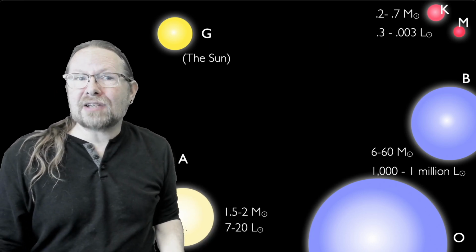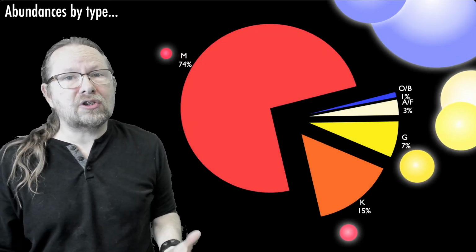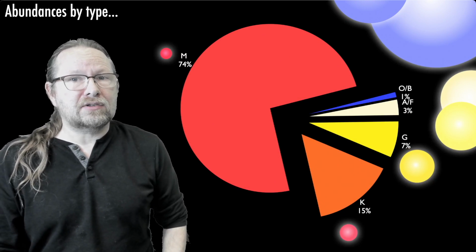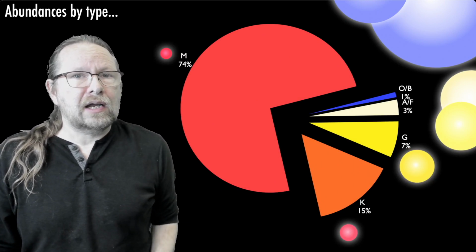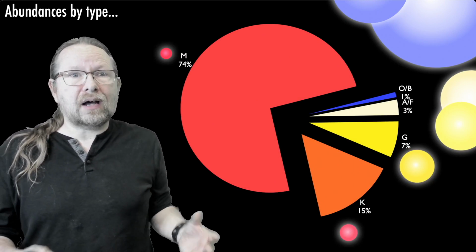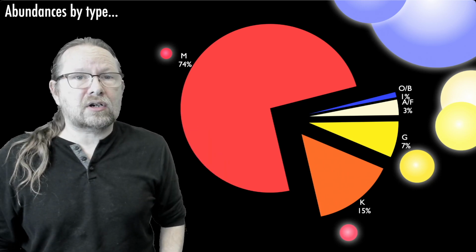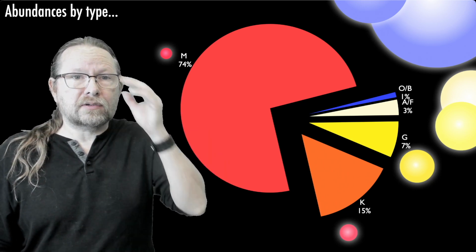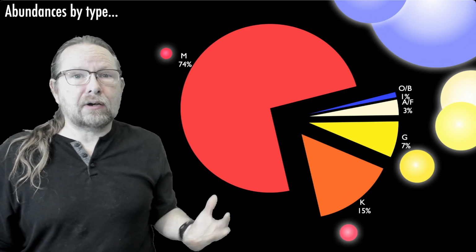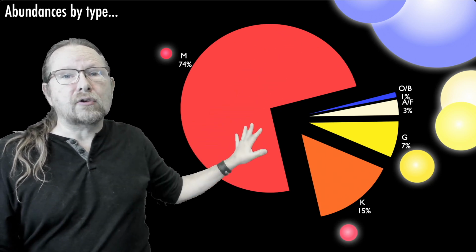That does not mean the sun is a particularly common type of star. In fact, if you look at the abundances of these different types of stars, and you saw some of this in the HR diagram lab when you plotted the nearest and brightest 100 stars to our sun on an HR diagram, the vast majority of those were M-type stars.